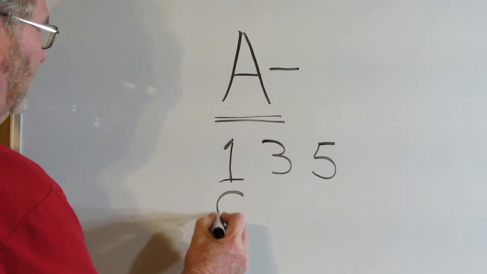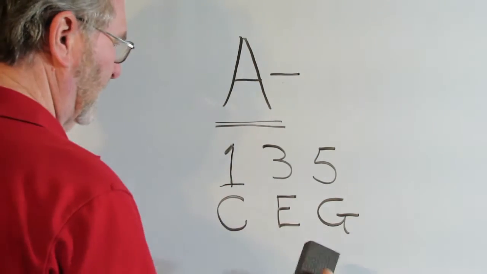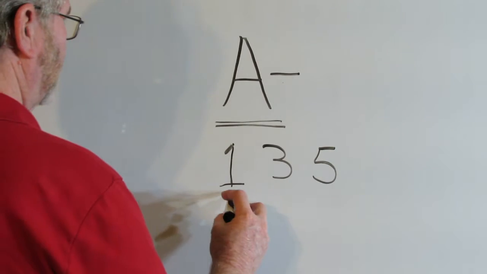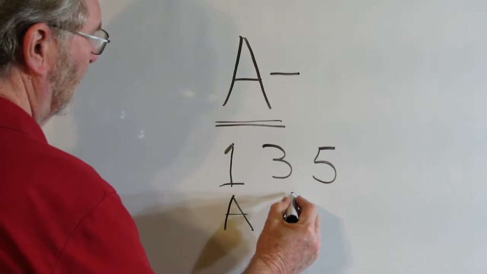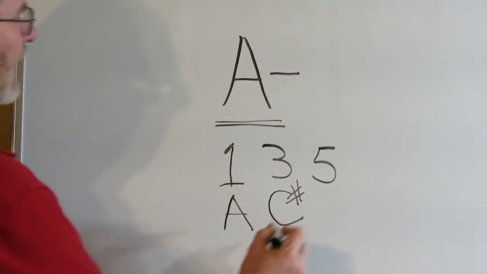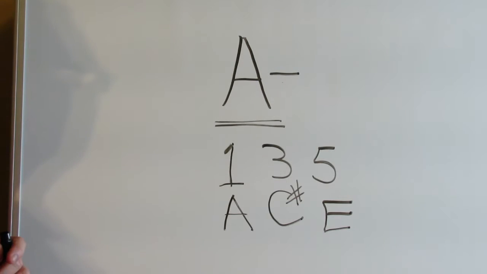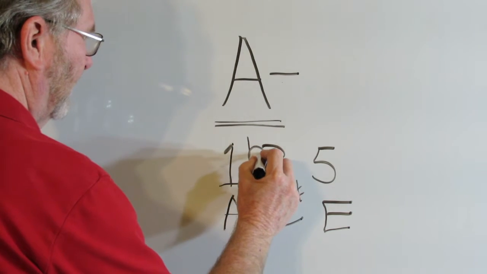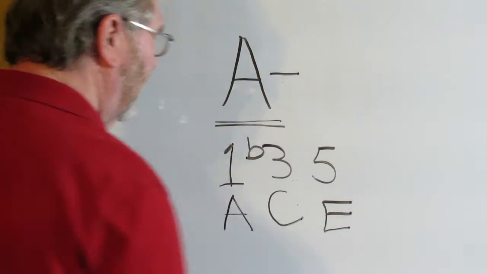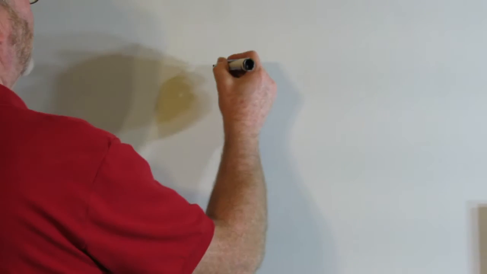So in the case of C, that's going to be C, E, and G. For A, that's going to be an A, C, but in the key of A, C's are sharp, so that would be a C sharp and an E. To get the A minor chord, what I need to do is to flat that 3rd degree a half step, which is going to make it A, C, and E.